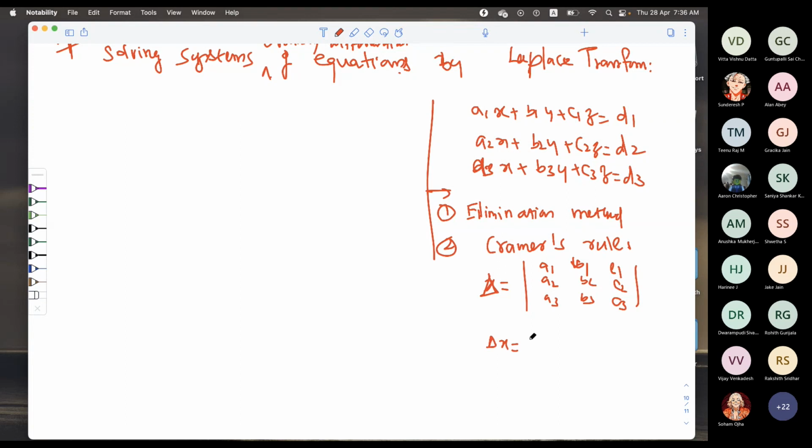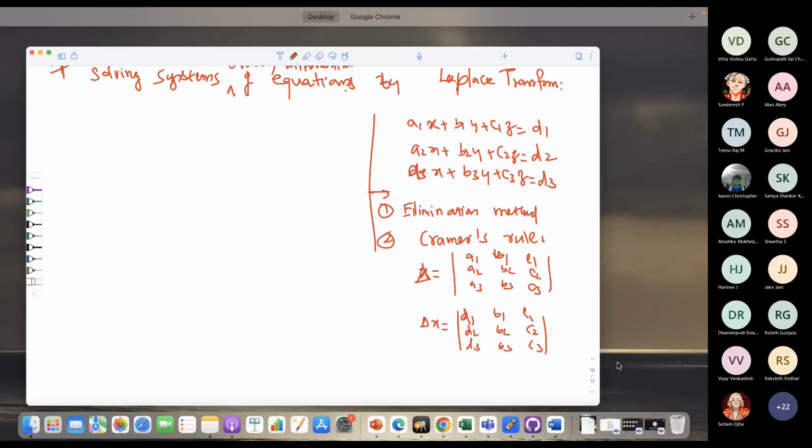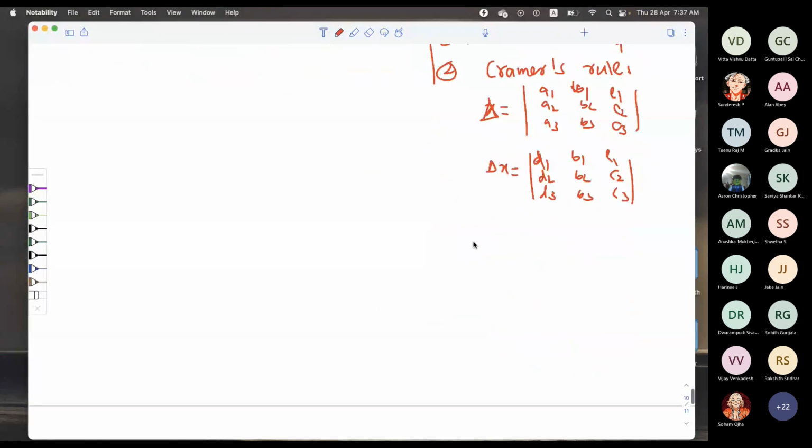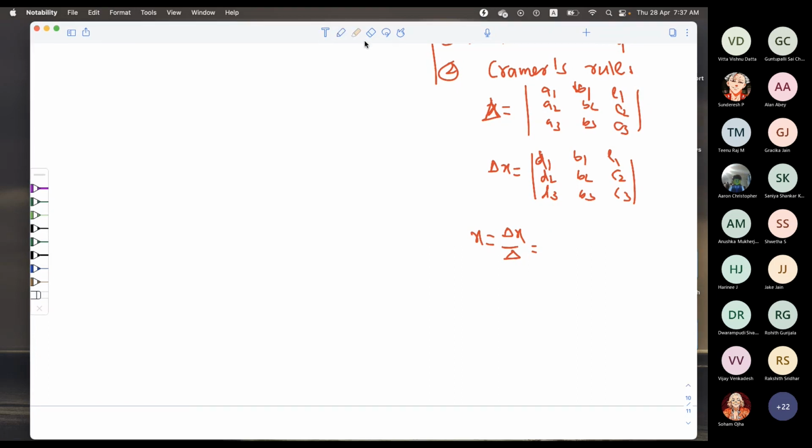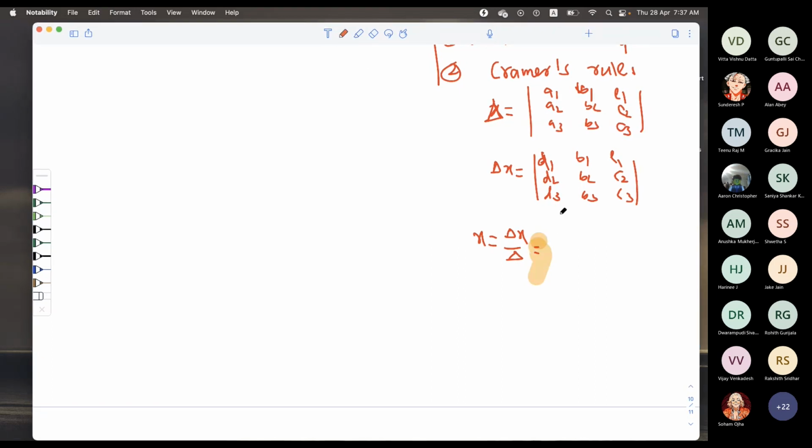Then for delta x, the first column is replaced by d1, d2, d3, remaining b1, b2, b3 and c1, c2, c3. So x is delta x divided by delta. Likewise y is delta y by delta and z is delta z by delta. Delta y means the second column is replaced by d1, d2, d3. Delta z means the third column is replaced by d1, d2, d3, remaining as it is. Is it clear?